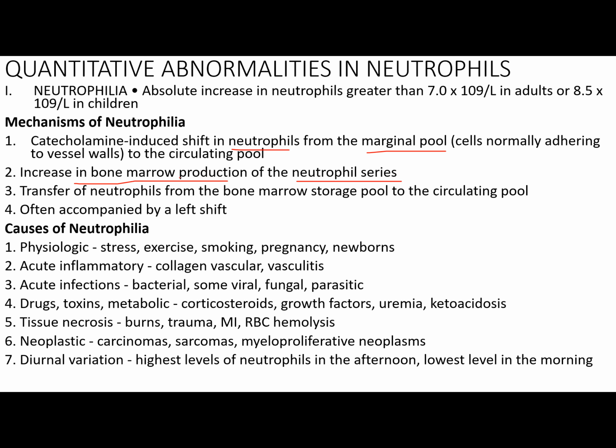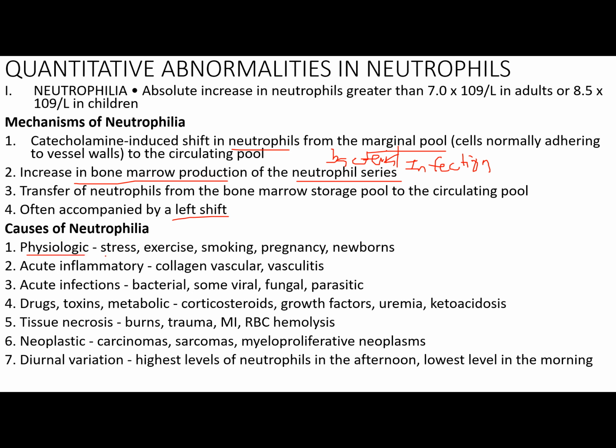The increase in bone marrow production of the neutrophil series, class, is usually seen in bacterial infections. In bacterial infections, it is expected that you would have higher neutrophil count, often accompanied by a left shift.